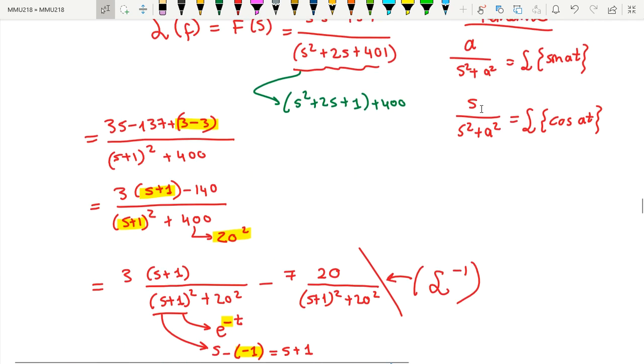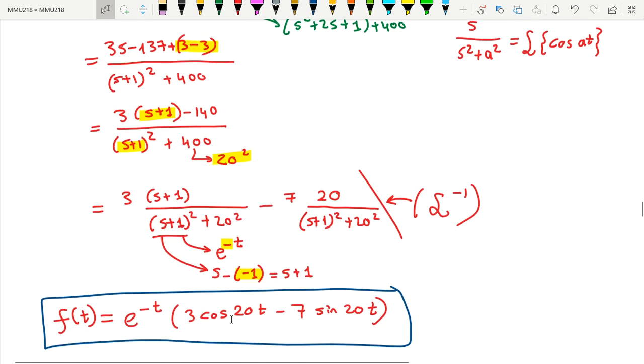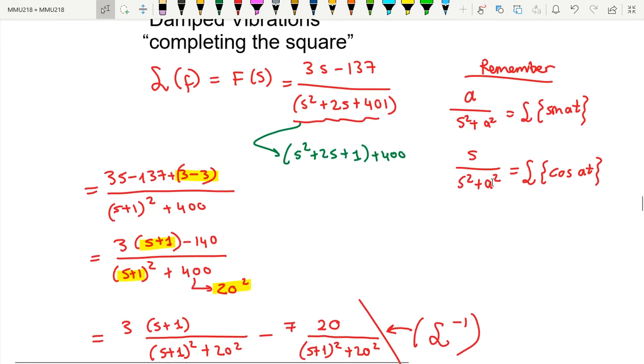If I have something related to s over here and s squared over here, that's going to be a cosine in the inverse Laplace. What is the frequency coefficient? I have 20 here, so that's going to be a.